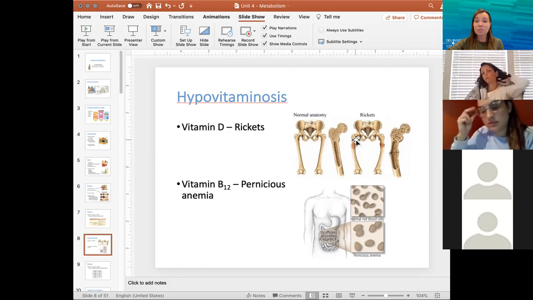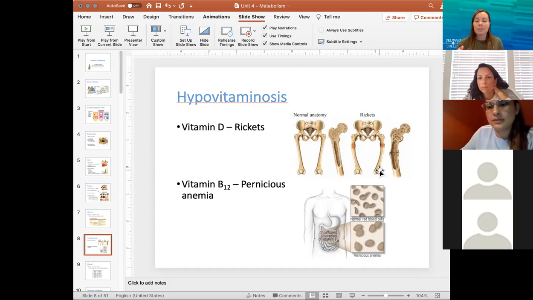Look at these femurs here. If you're putting weight on bones and they are a little bit soft, not soft like a spaghetti noodle, they can still support you, but they're not as hard as they should be. So gradually they can bend. See how femurs should normally look perfectly straight. And in someone with rickets, they can bow out a little bit. So as a result of this, you'll have bone softening, and then it can lead to bone deformities because the bones are bending.